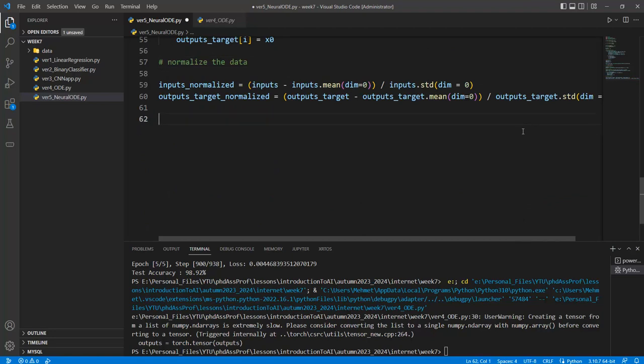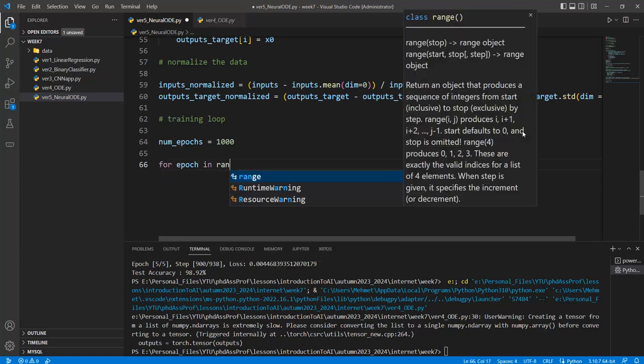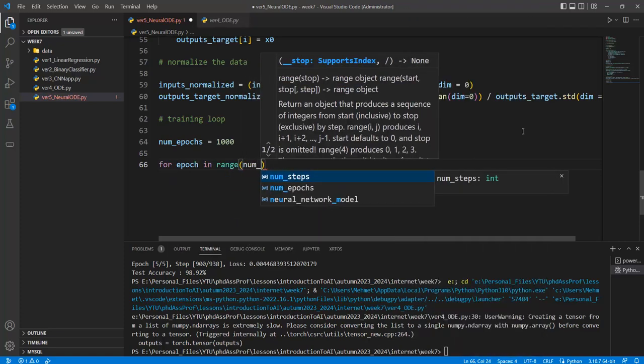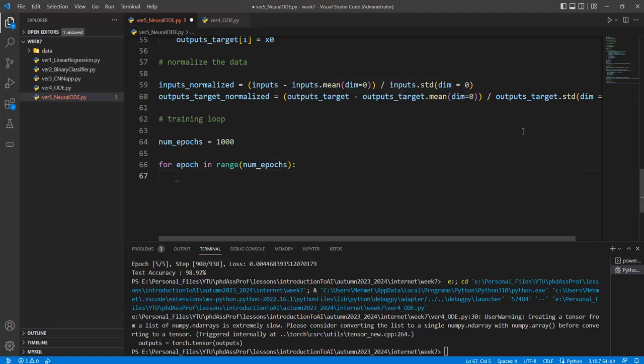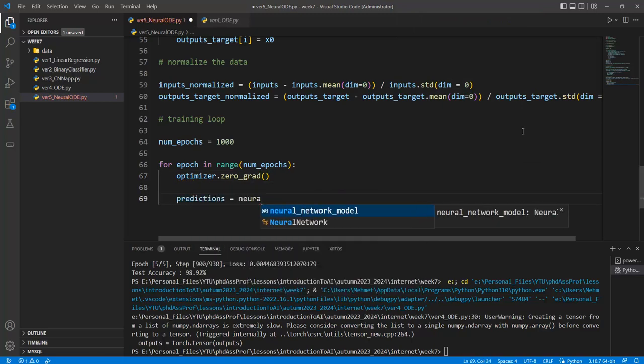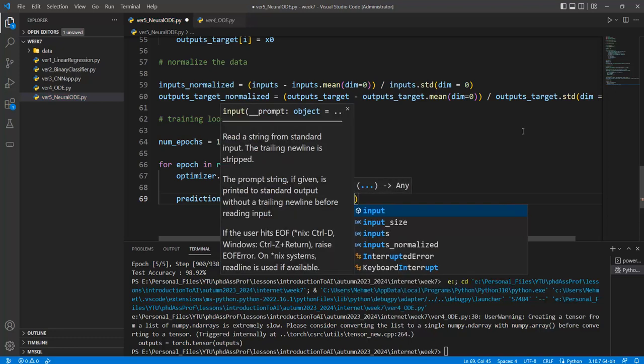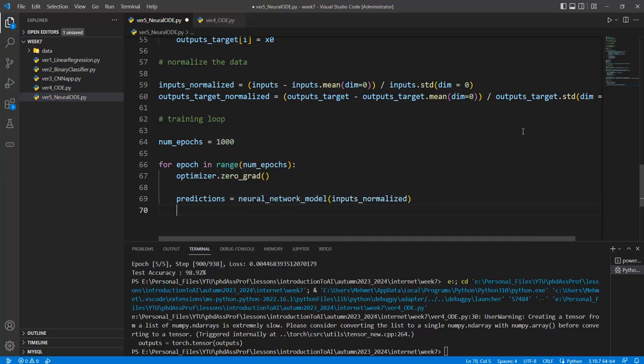So for the training loop we give num epochs equal to 1000, for epoch in range num epochs, and optimizer zero grad should be called. The predictions should be assigned with what? The neural network model with the inputs normalized, and loss is calculated by criterion with the predictions and the output target normalized.